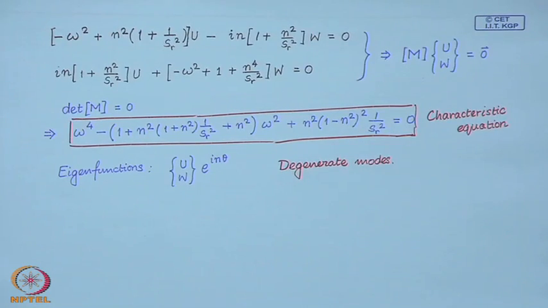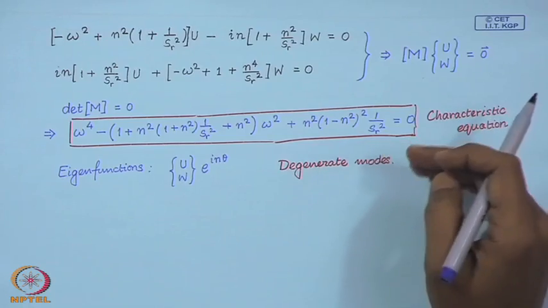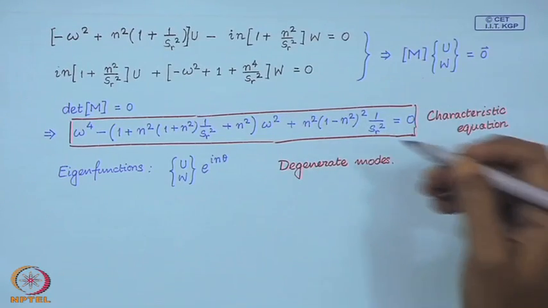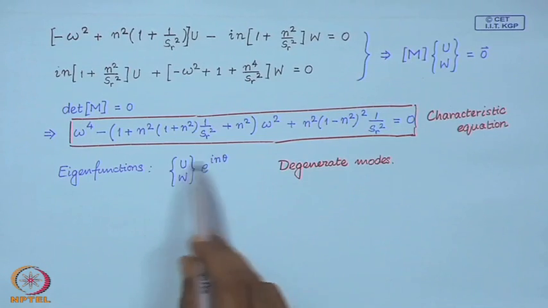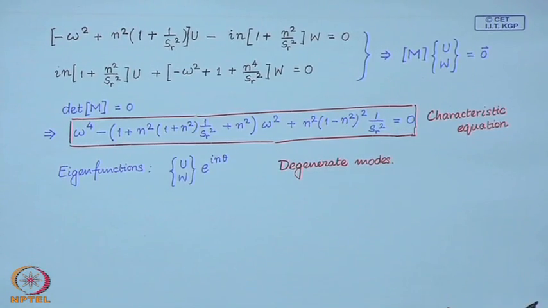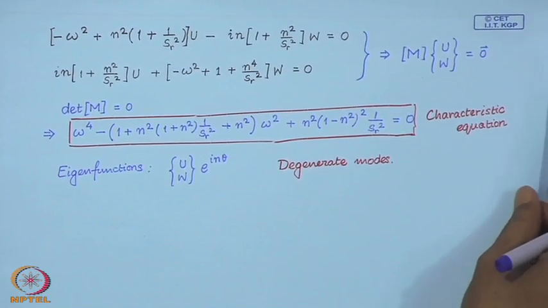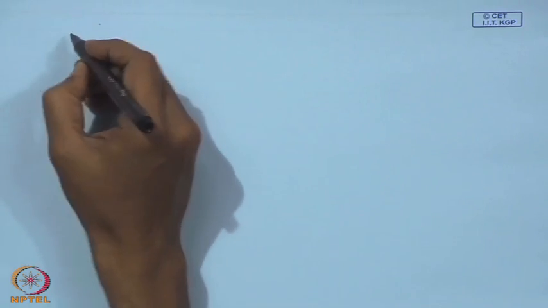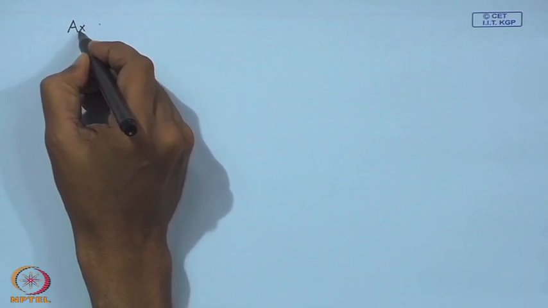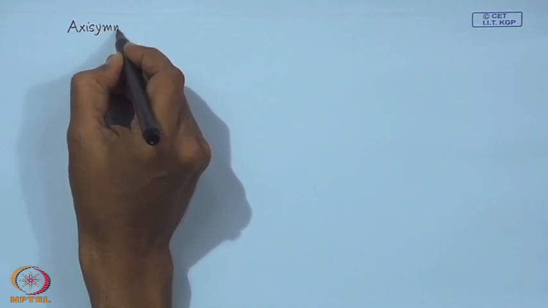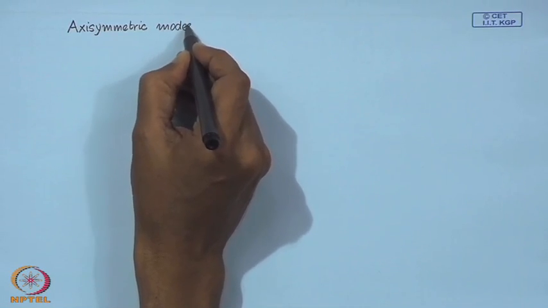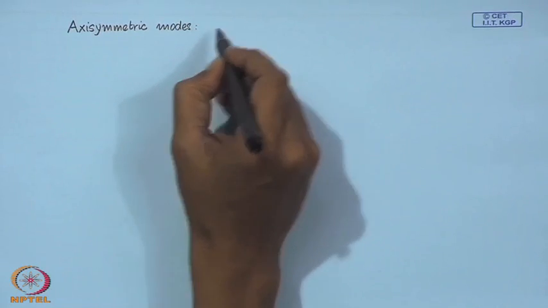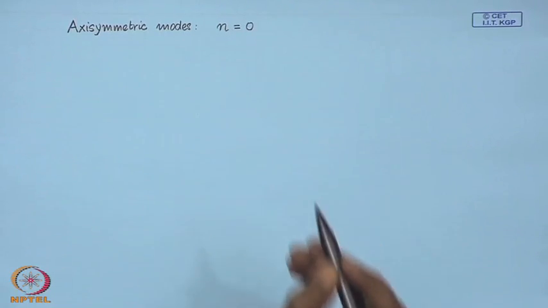Now, let us solve this characteristic equation and try to find out the eigen frequencies and the eigenfunctions which will characterize the mode of vibration. So, we start with the value n equal to 0. So, let us consider axisymmetric modes. So, n is equal to 0.